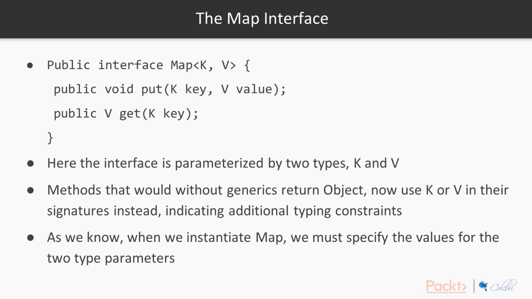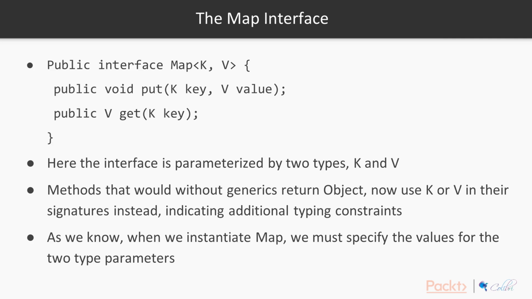Likewise, when we want to get the value for a given key, the parameter for get is going to be the type of the key, and the return type is going to be the type of the value that we specify. So you can see here that we're creating a generic interface, or generic functionality, which can be instantiated in a concrete fashion by handing over specific type parameters that we want to use.